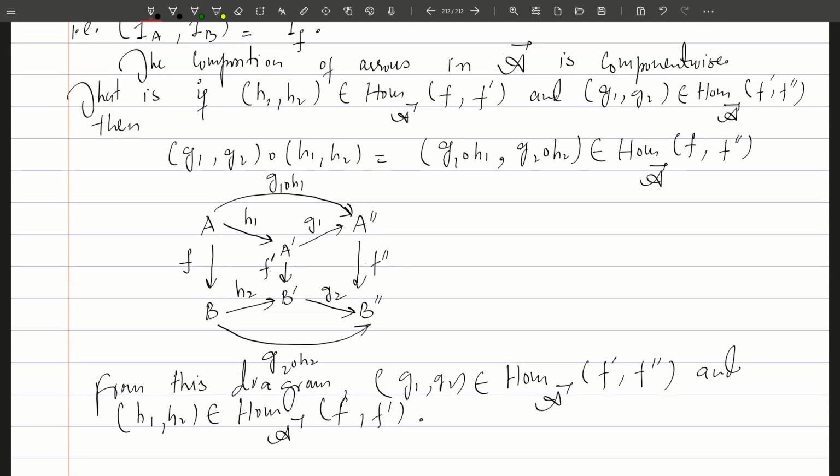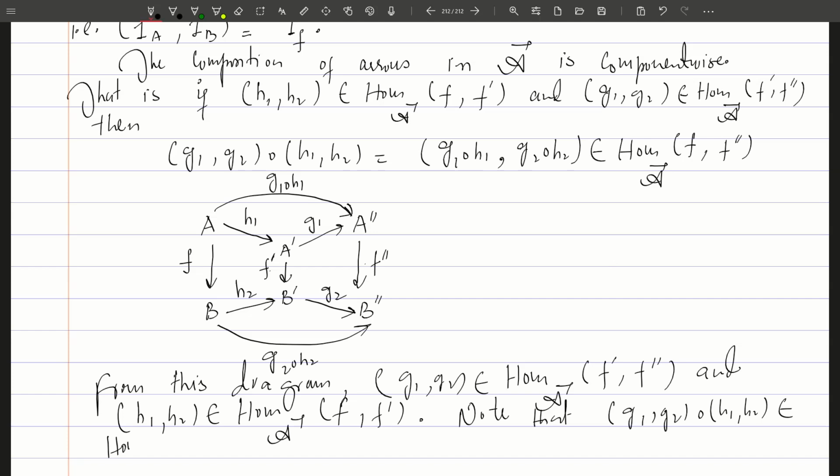So note that the composite morphism (G1, G2) composite (H1, H2) carries f to f double prime.